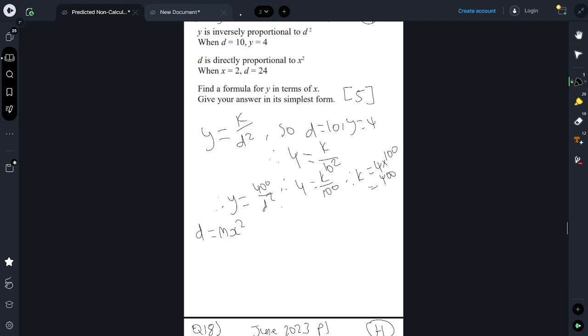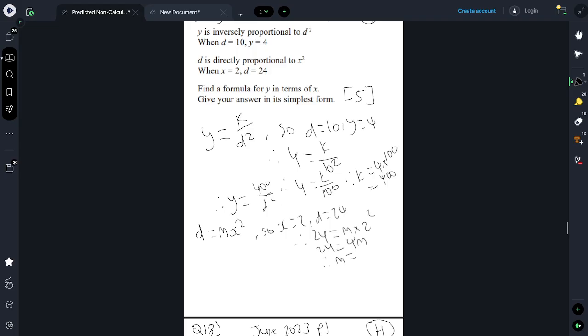And then in the exact same way we're given information. We know that x is 2, d is 24. So substitute it into here. So 24 then is m times x squared, which is 2 squared. So 24 then, 2 squared is 4, so that's 4m.